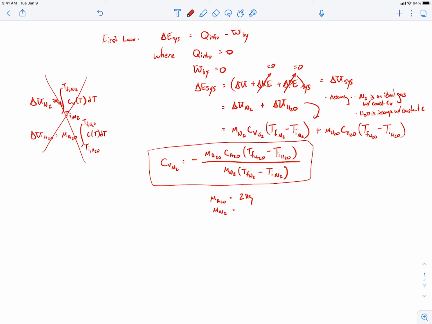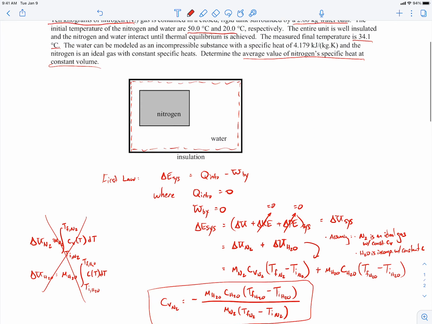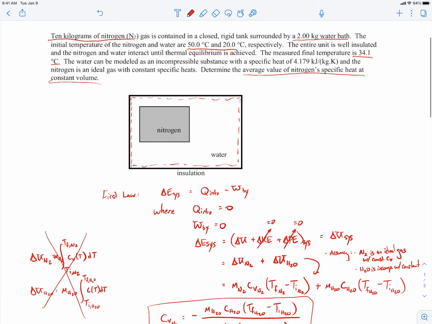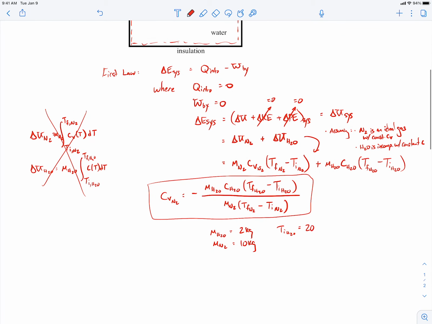Mass of the nitrogen was 10 kilograms. The initial temperature of the water was, just go back and look at it again, 20 degrees C. Initial temperature of the nitrogen was 50 degrees C. Final temperature of the water and the final temperature of the nitrogen are the same because they're in thermal equilibrium. That was 34.1 degrees C.